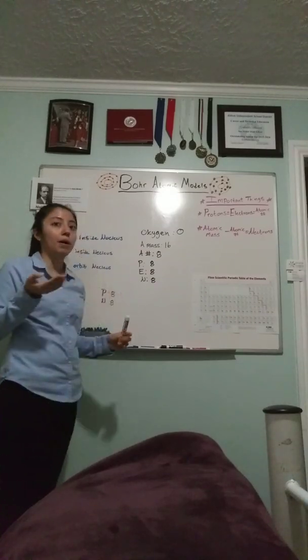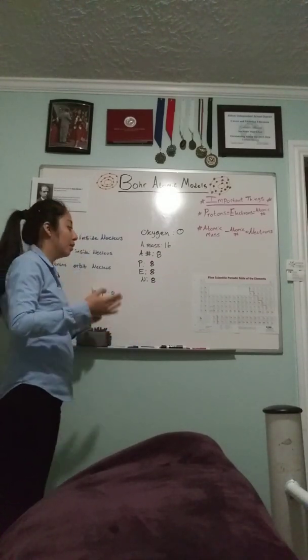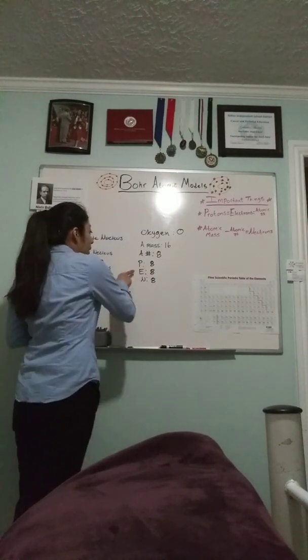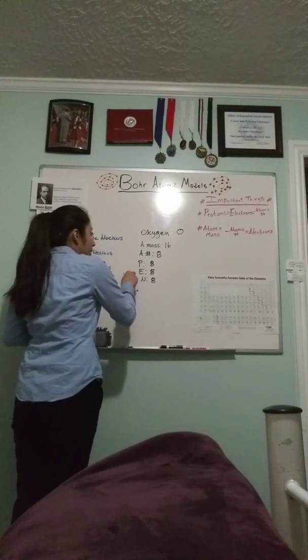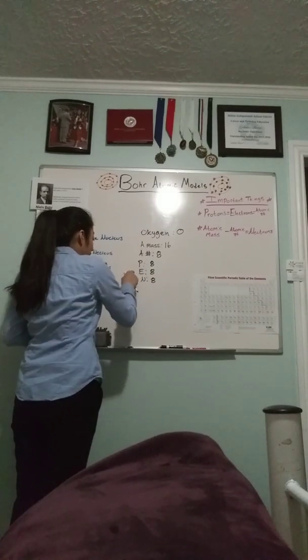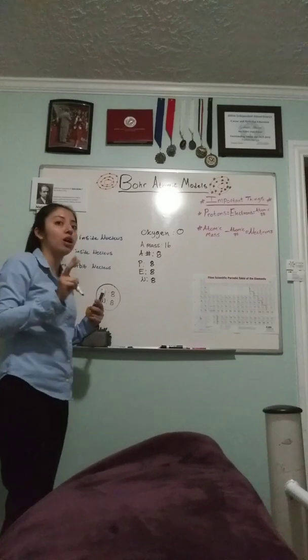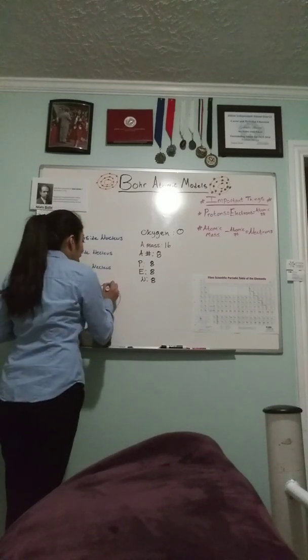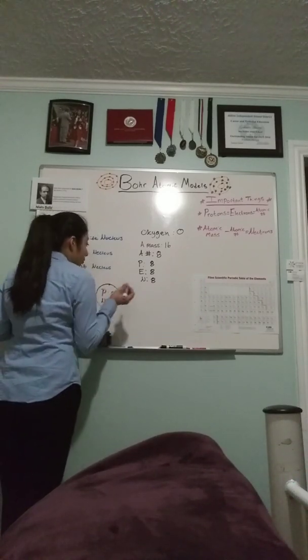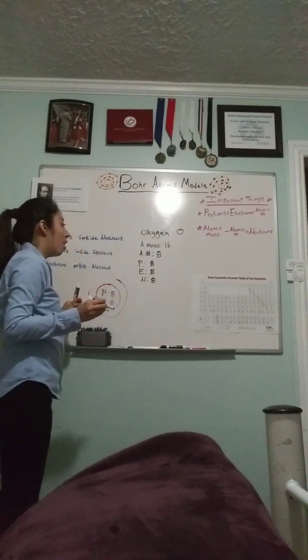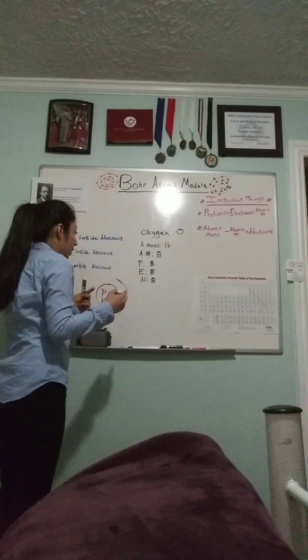Remember that we talked about how many electrons could be in the energy level? Well, remember that oxygen has 8 electrons. In the first energy level, you're only going to draw 2 electrons because that's the max it could have, right? On the second energy level, you would draw how many more are left.